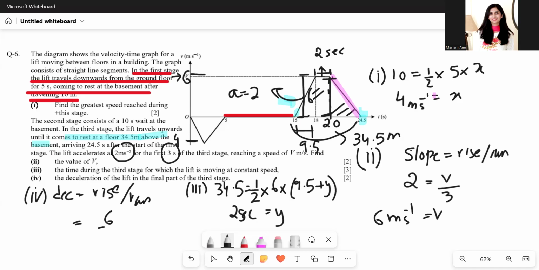So 6 over the run is 4.5, which gives 6 over 4.5. That gives 1.333 or 4 over 3 meters per second squared. Preferably write it as a mixed number, 1 whole 1 by 3 meters per second squared.